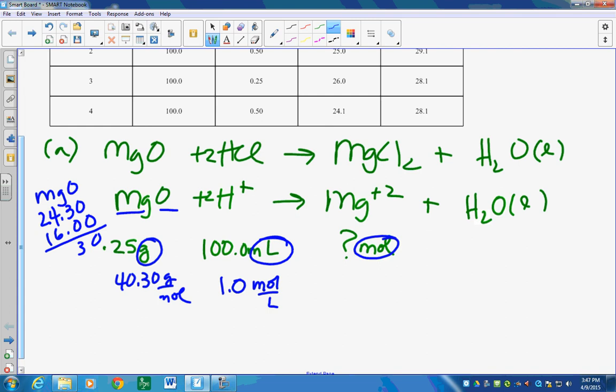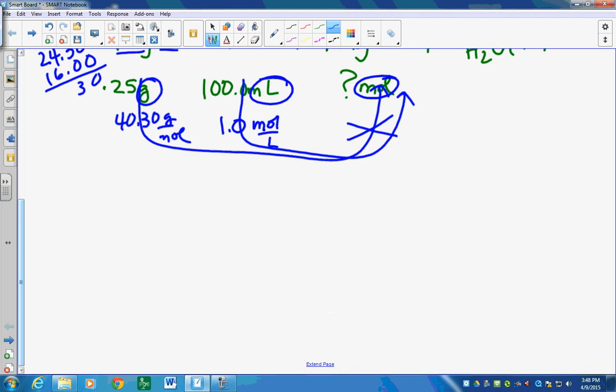If the given or the unknown is in moles, you don't need a conversion factor. So I'm going to do this problem first, this problem second, and then compare the answers. I'm going to go down here a little bit and extend the page, switch color.